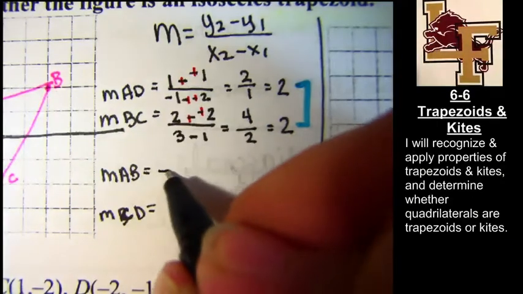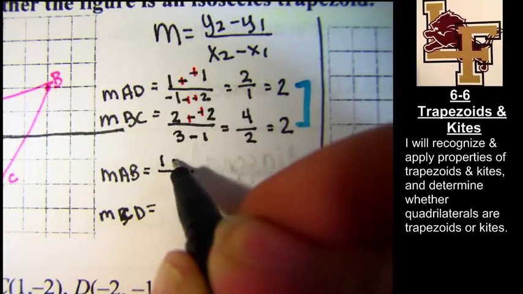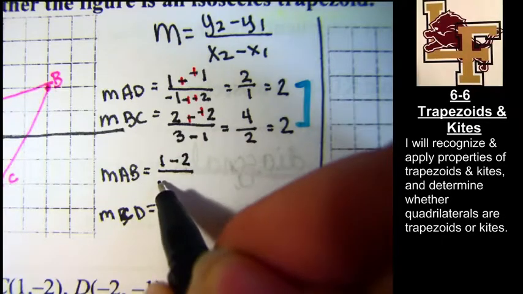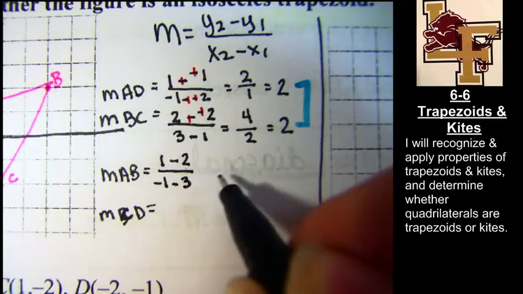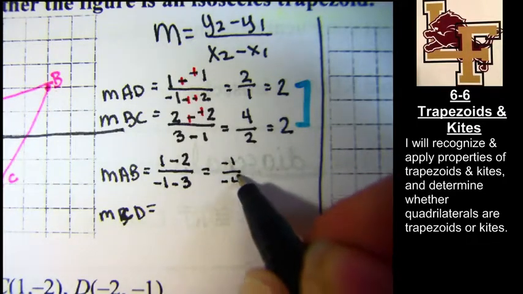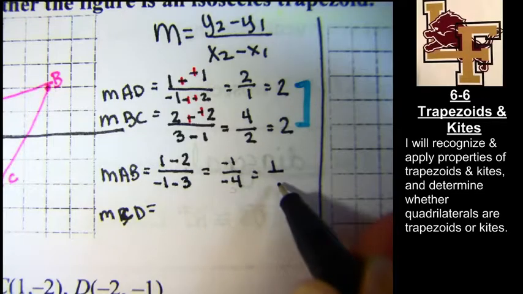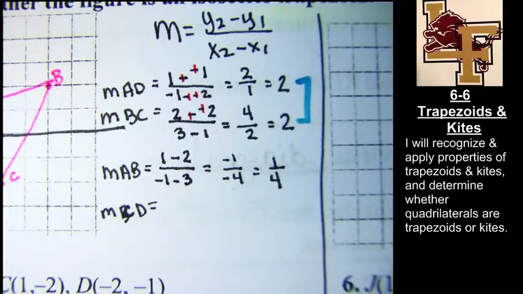All right, so we're going to check the slope of AB. Y coordinate of A, y coordinate of B, x coordinate of A, x coordinate of B. So there we go. I'm going to do the same thing for CD.